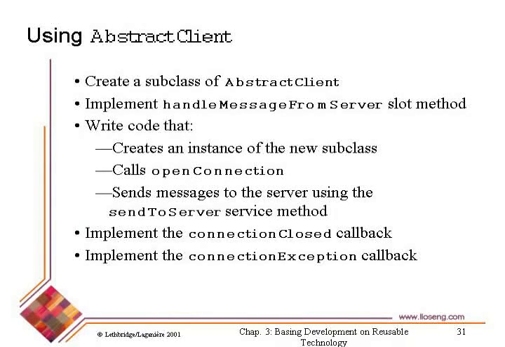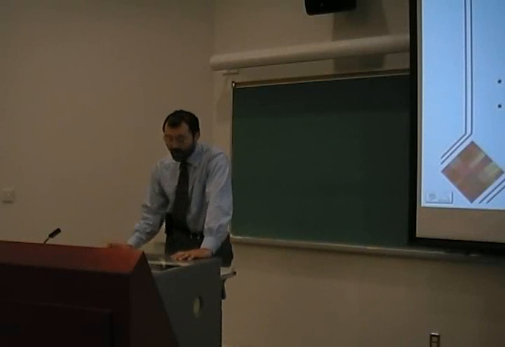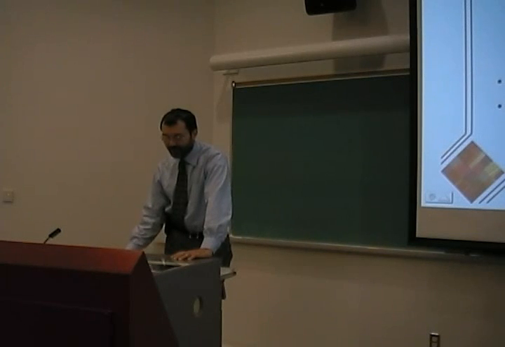Okay, so maybe we display a big red mark on the screen every time the connection closed callback is called, to say that we're not connected, warning people we're not connected. Oh yeah, and by the way, connection exception wasn't in the previous list, but it's just another one of these callbacks.